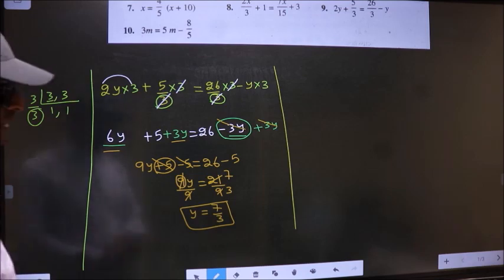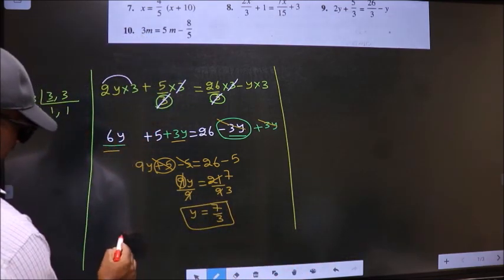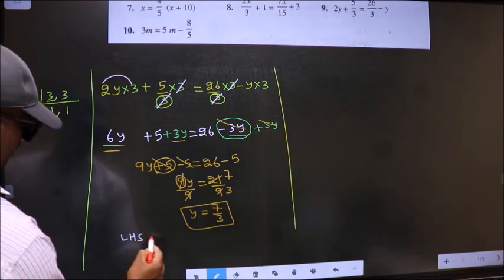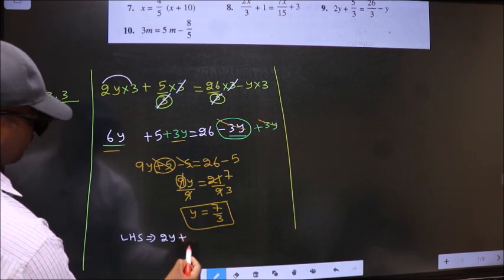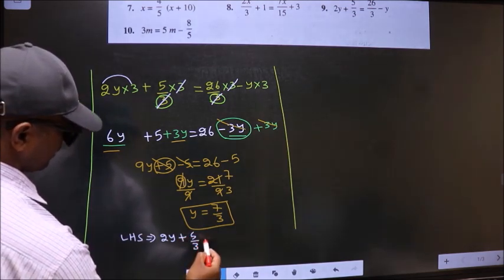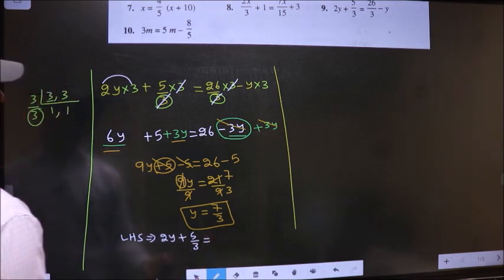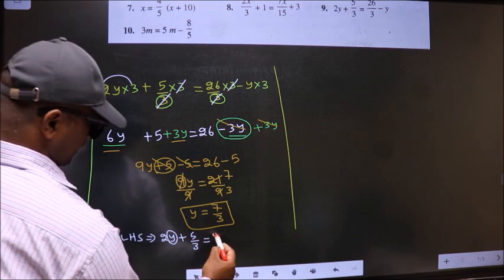Now to check, LHS is 2y plus 5 by 3 equal to, in place of y, now you write 7 by 3.